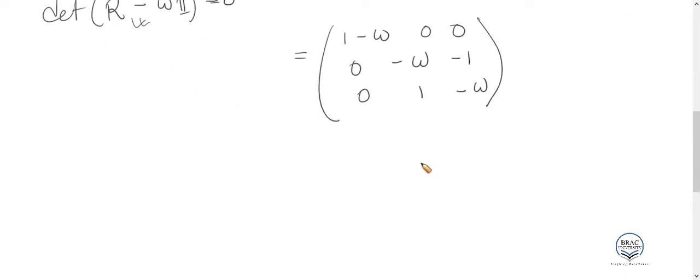And now what you have to do is calculate the determinant of this matrix.